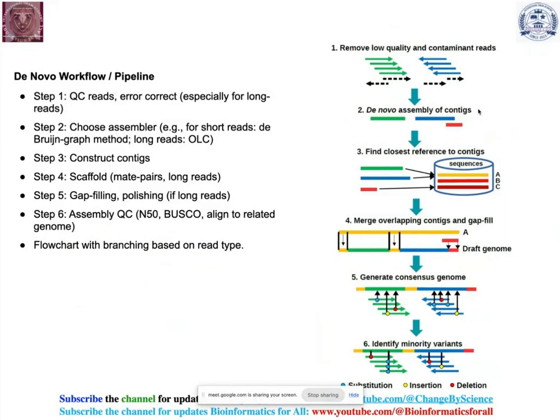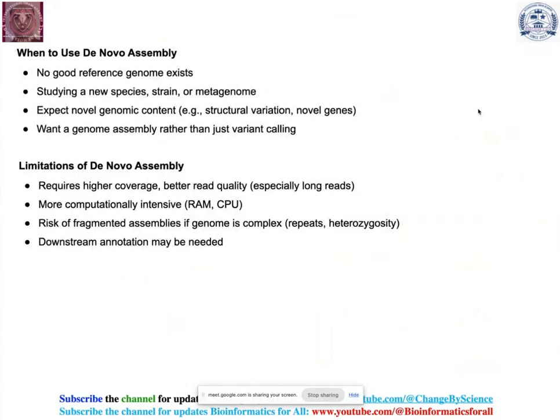So these are the steps which you have seen. Basically, there are 5 to 6 steps needed in general for de novo assembly: quality check, assembler, constructing the contigs, scaffold, gap filling or polishing, and assembly quality check. And then finally you should have some kind of flow chart in your mind while you are working.